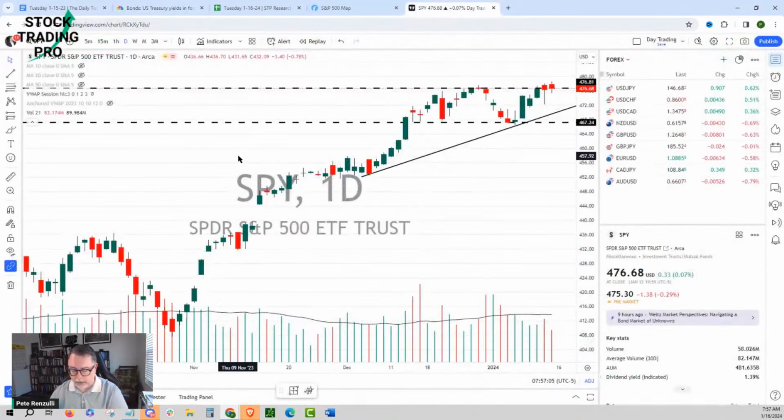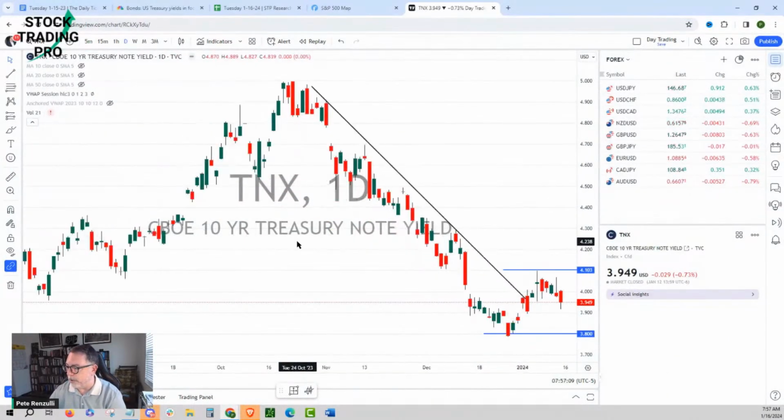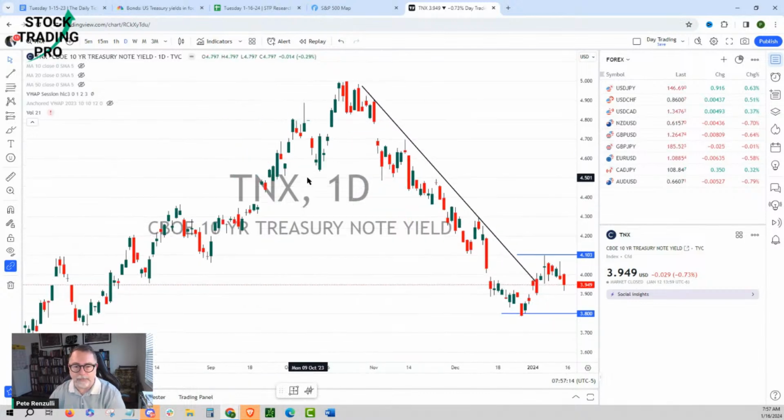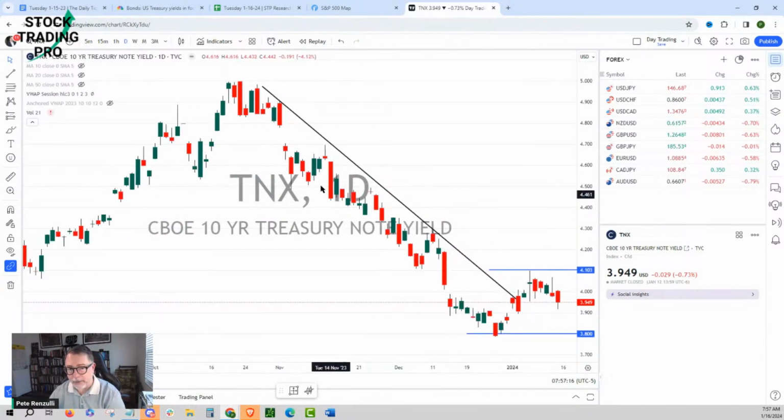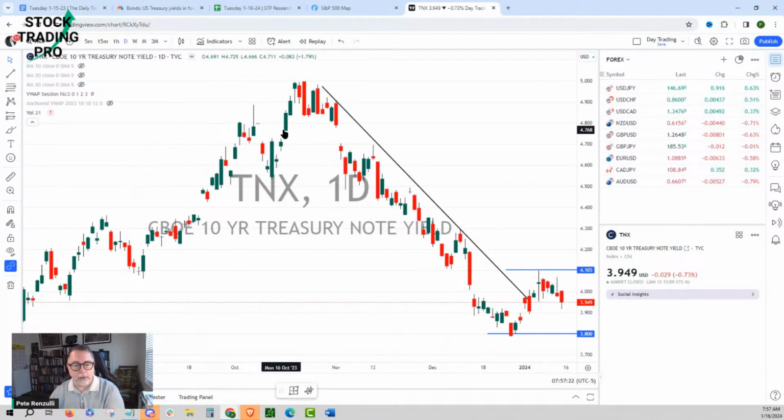To give you an idea of what we're talking about, you want to have the TNX on your chart. You can see here, this rally is where the market sold off. When it started to go down and broke that uptrend, this is where the end of year rally came in. So a rally in the 10-year was a decline for the market, and a decline in the 10-year is a rally in the market.